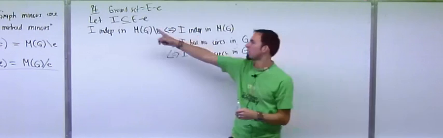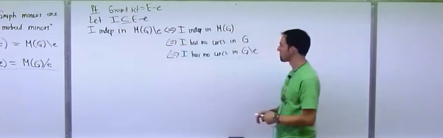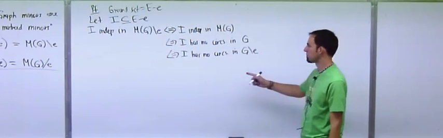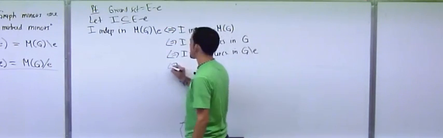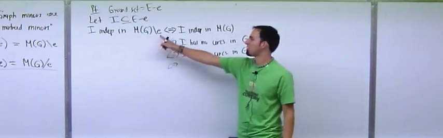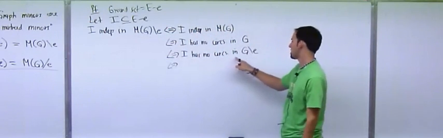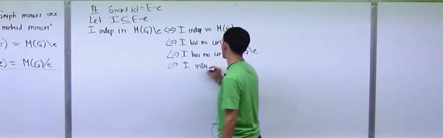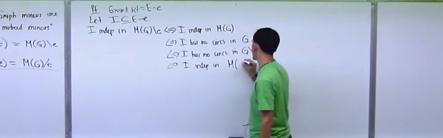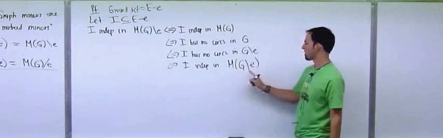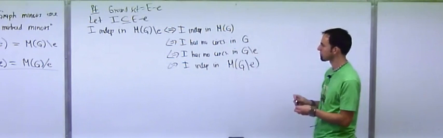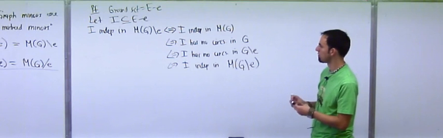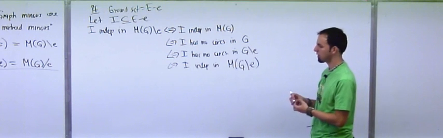But my edge E is not in I. And so that can't happen. And so what I showed is that I is independent in the deletion matroid if and only if it has no circuits in the deletion graph. In other words, I is independent in the matroid of the deletion.